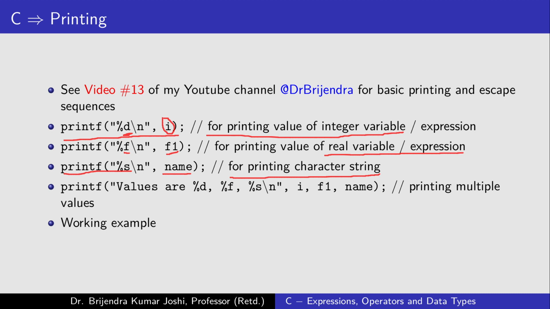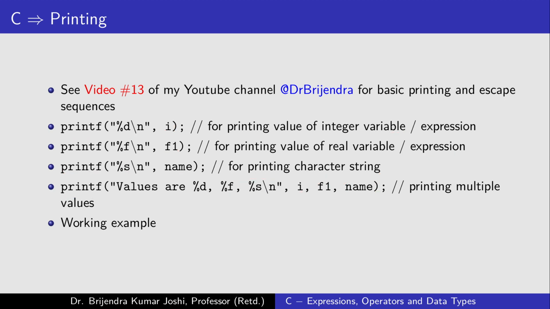Here, with the name of the variable, it will print the entire character string onto the monitor. Then we can print more than one variable of different kinds in the same single printf function call, like this: %d for a decimal integer, %f for a floating point number, %s for a string. So i must be of type integer, f1 must be of type floating point float, and name must be of type character array or character string. What does it mean?